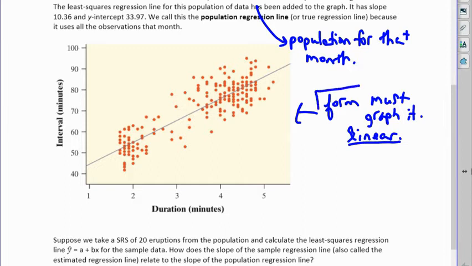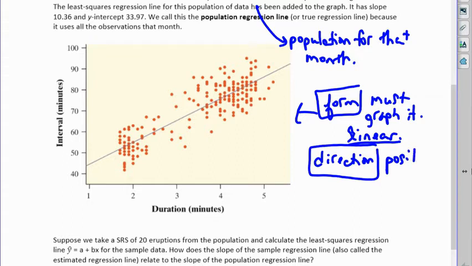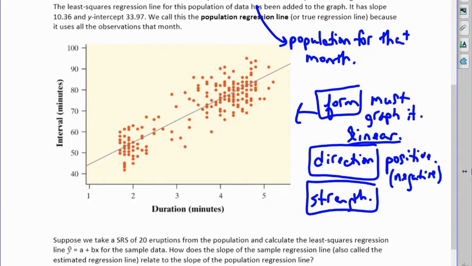So that's the form, then we look at the direction, and in this situation it seems to be positive. It could have been negative, but this one's positive. And then we also look at the strength, and to do that, we would calculate the R value, the correlation coefficient, and those values are going to vary between -1 and 1.